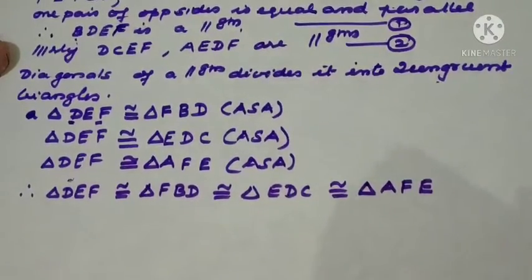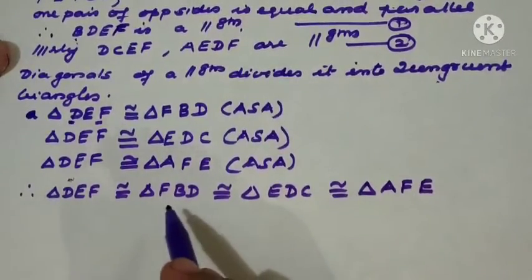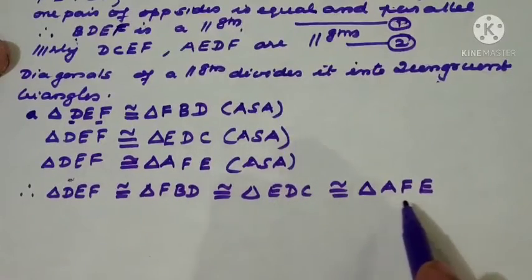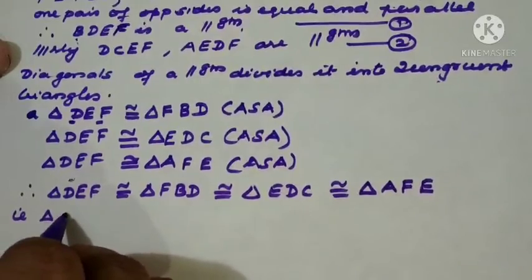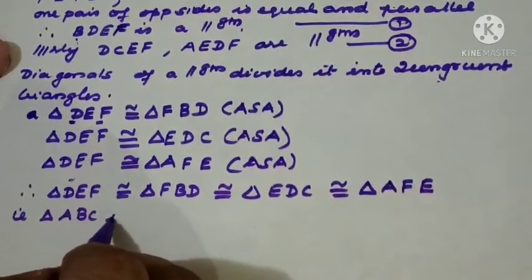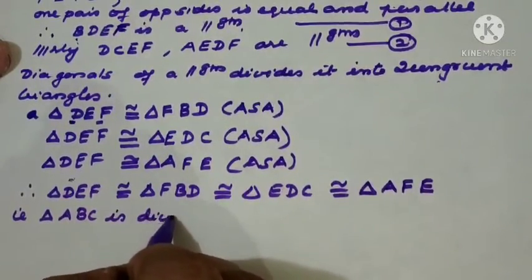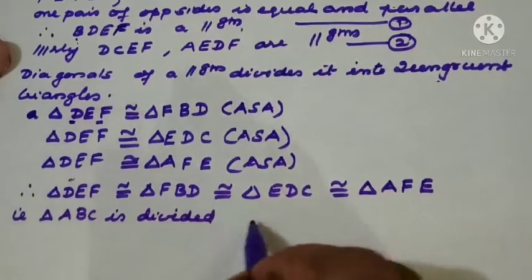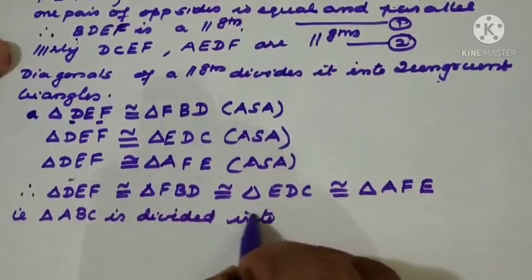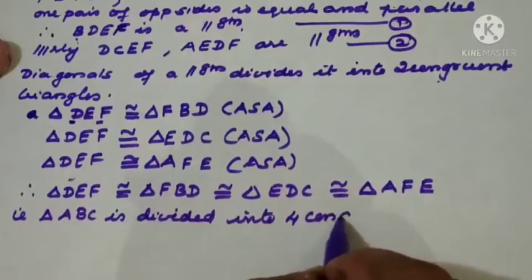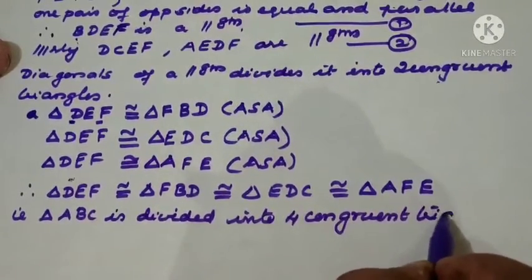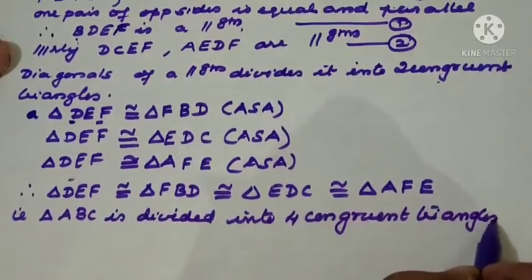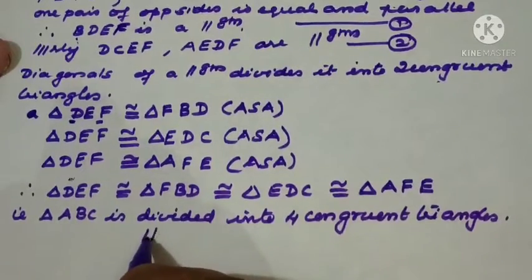Means what? The triangle ABC is divided into four congruent triangles. Hence proved.